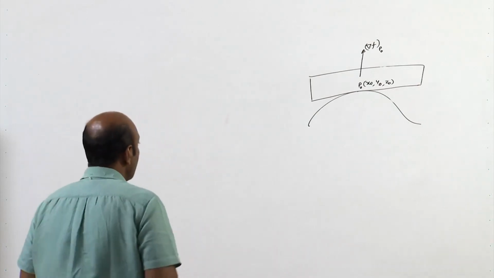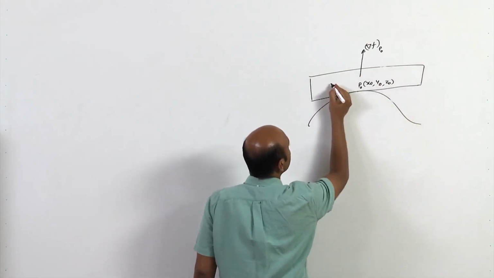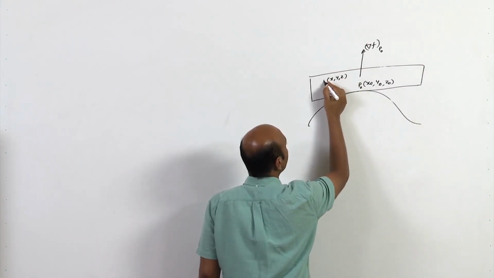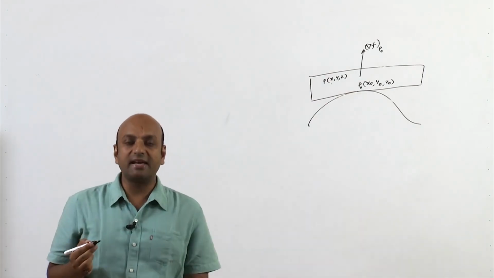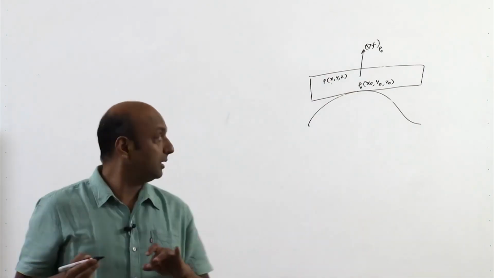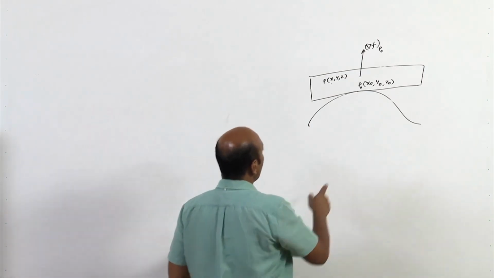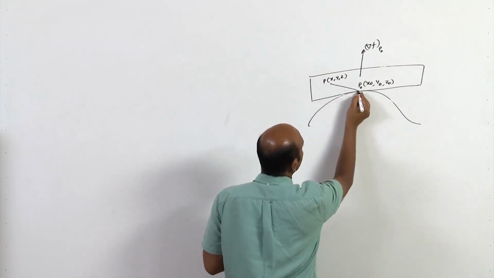Now, let us take an arbitrary point x, y, z on the tangent plane. What will be the direction ratios of this vector p naught p?